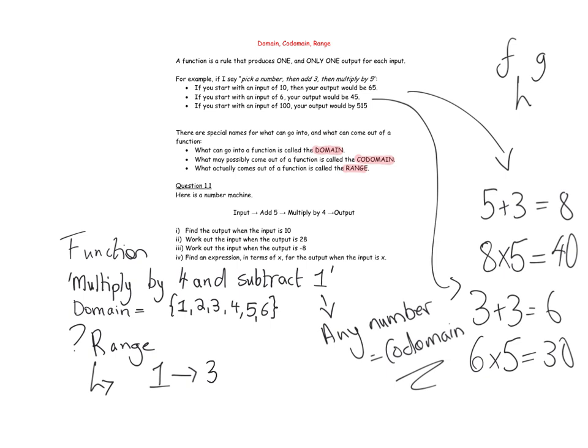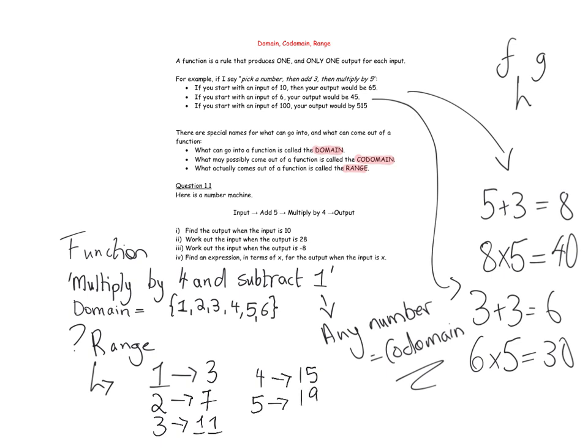We can do the same now with 2. If we put in 2, 2 by 4 is going to give us 8. Take 1 is going to be 7. 3 multiplied by 4 is going to be 12. Take 1 is 11. 4 multiplied by 4 is 16. Take 1 is 15. 5 by 4 is going to give us 20.